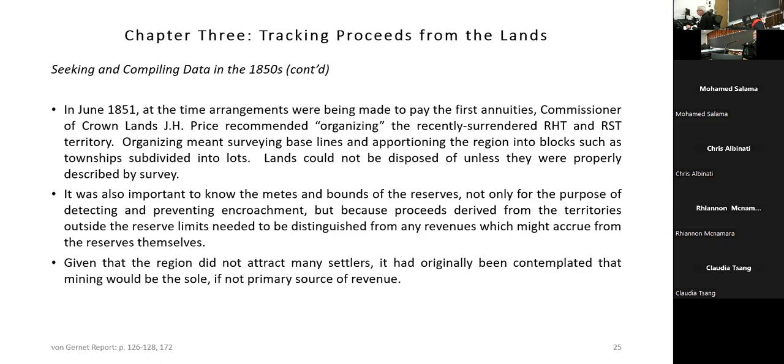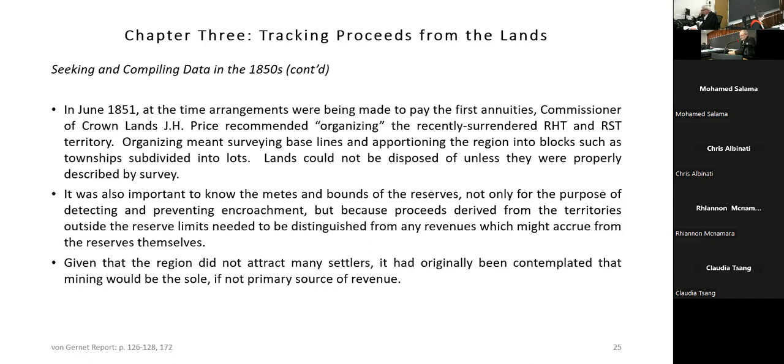I mean, for the life of me, I don't understand why it took so long, but that took a long time to get these reserves surveyed. And the importance here is that, relative to proceeds, you needed to know which proceeds came from within reserves and which came outside reserves. You don't know that unless you know where the lines are. Right. So that was an important prerequisite.